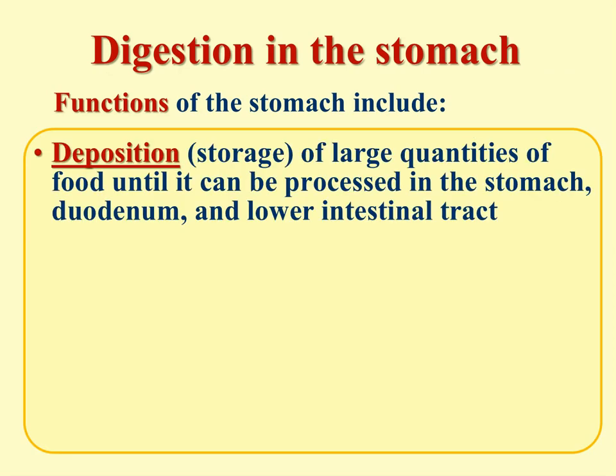Deposition or storage is a very important function which enables us to eat not constantly like some animals have to do, but we can eat 3, 4, or sometimes even 2 times per day, and the supply of content of stomach goes steadily within certain time, and intestines get enough time for processing for a few hours at least, or sometimes longer. So accumulation of food, formation of chyme, this is a part of the deposition function, very important.